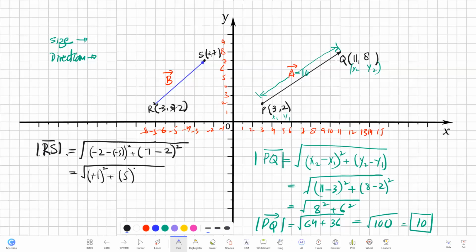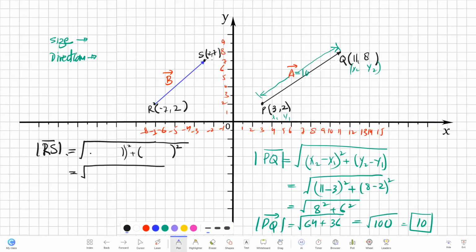Shouldn't x1 be -8? I don't know how it's -3. Hold on. I think I messed up with this number. Let's do this one more time. So this one is going to be minus 7, right? Minus 7 and 2. And the other one is going to be minus 2 and then 7, right?